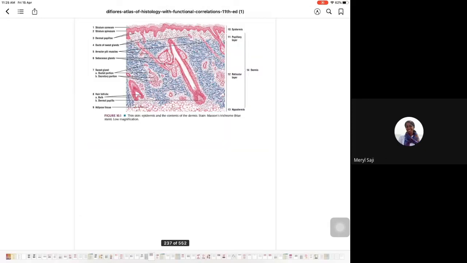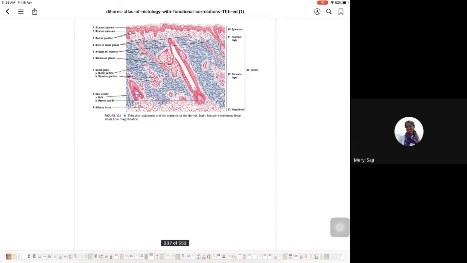Figure 10.1, thin skin, epidermis and the contents of the dermis, stain Masson's trichrome, blue stain, low magnification. Epidermis, then the dermis divided into papillary layer and reticular layer, and hypodermis. Hypodermis, subcutaneous tissue. In the epidermis, there is stratum corneum and stratum spinosum.